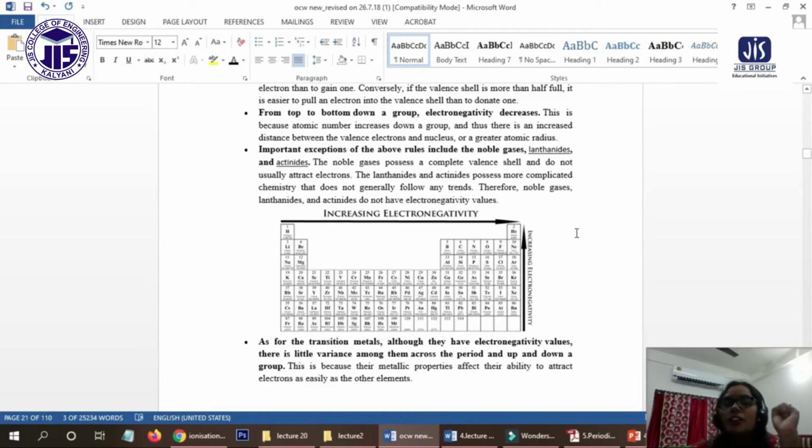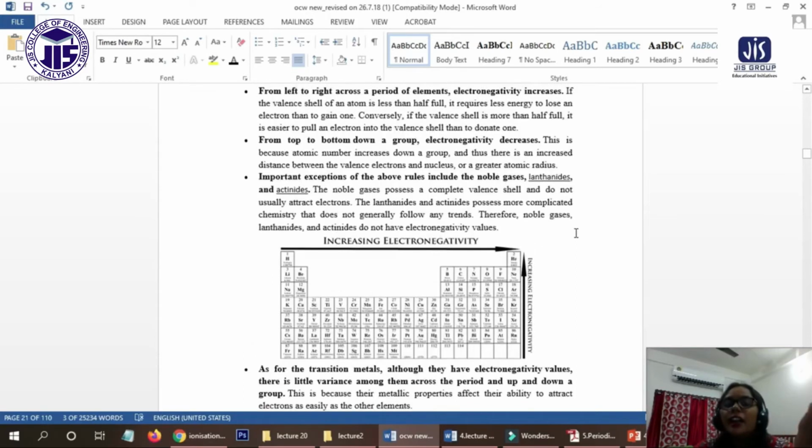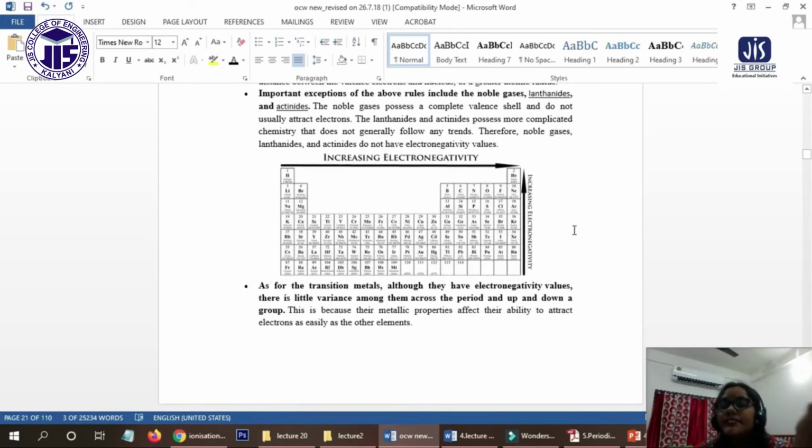Now the question is, what is the difference between electron affinity and electronegativity? Electron affinity means that when we add an extra electron to the outer orbital of a neutral gaseous atom, the minimum energy released is called electron affinity.